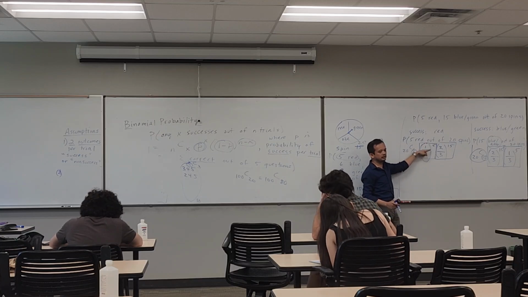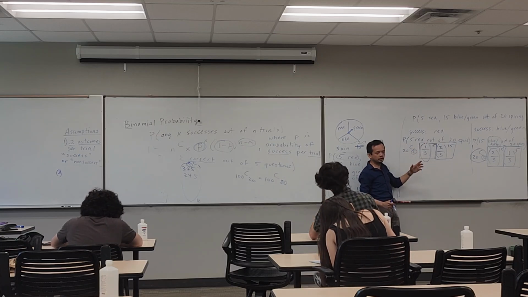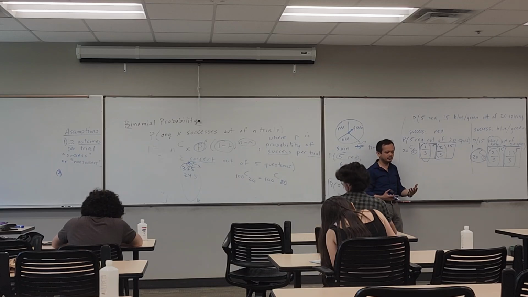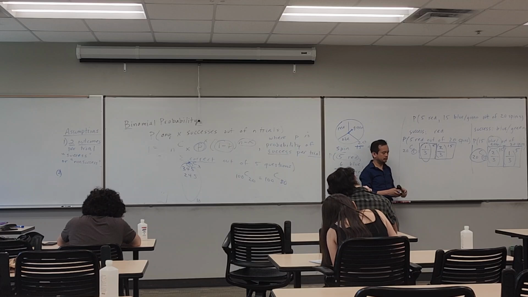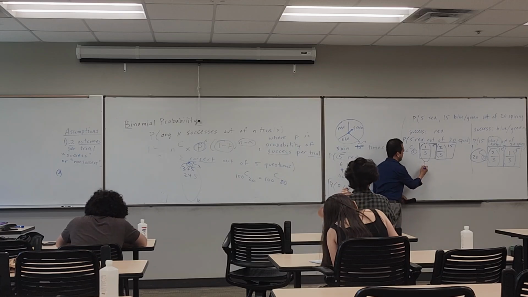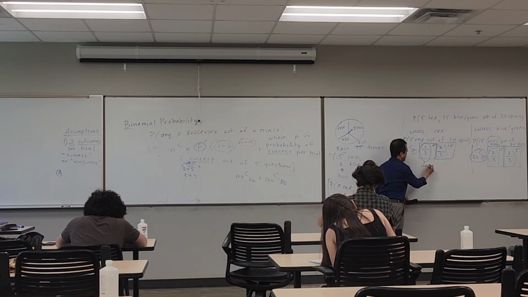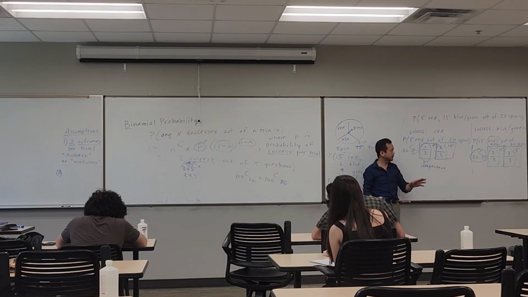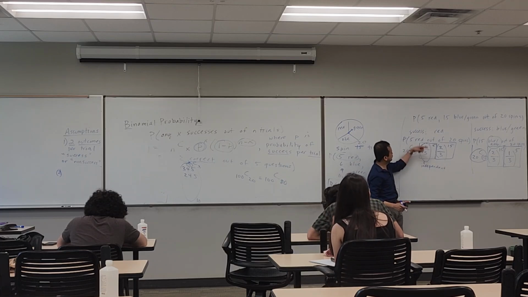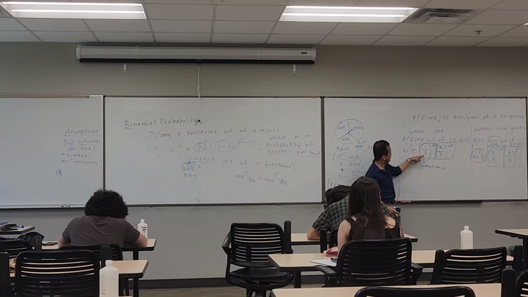This probability doesn't change. So another way that we've said that in the past was that the probability of success is independent. And what that meant was that if you had a success in one trial, for example, if you spun a red in one spin, then it doesn't change the likelihood of spinning red in another spin.